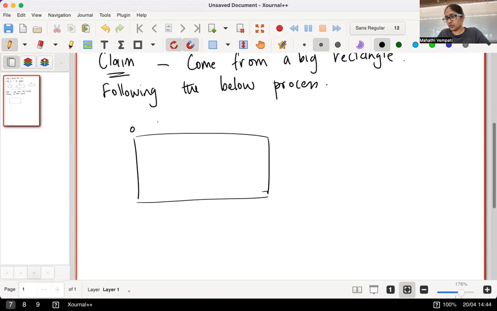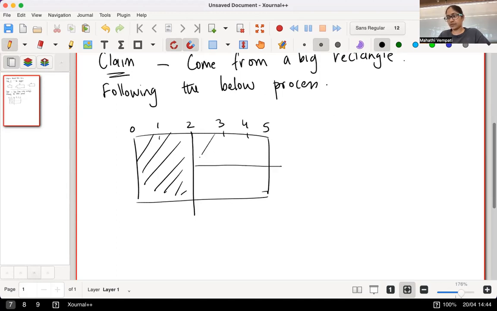So suppose this is 0, 1, 2, 3, 4, 5. They say cut it here. They threw away one of the pieces, and then repeated the process here. Picked either a horizontal or vertical direction and made a cut, threw away this piece, again picked horizontal or vertical and made a cut, and so on.